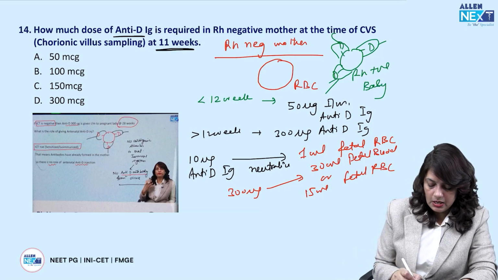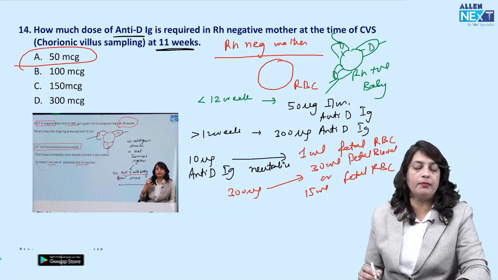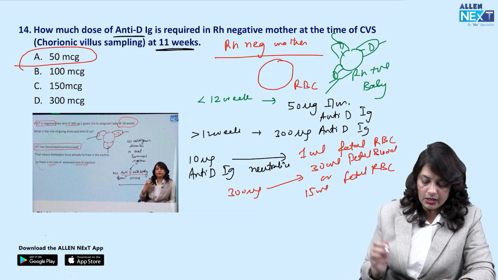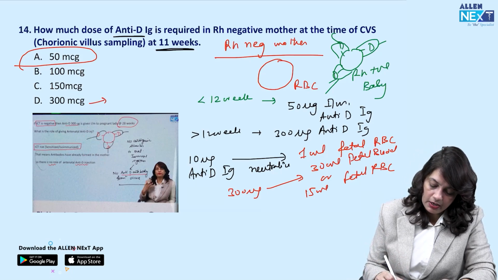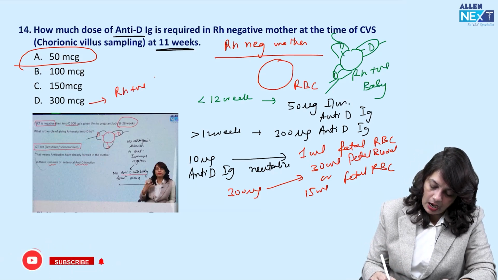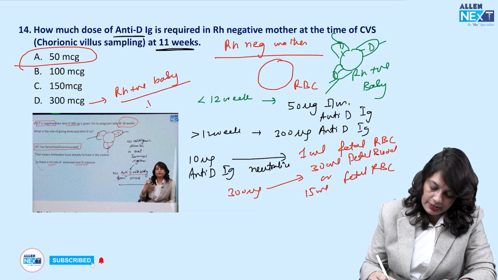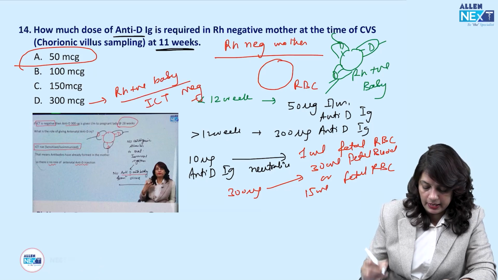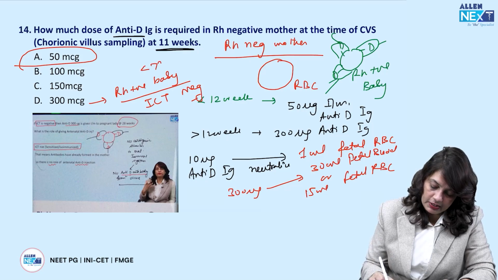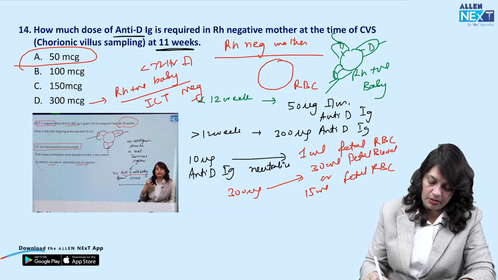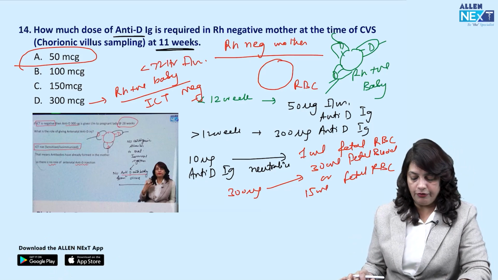Remember this. So this is the 50 micrograms intramuscular dose. 300 micrograms is given if the mother has delivered an Rh positive baby and she is ICT negative. Then it should be given within 72 hours intramuscular of the delivery.